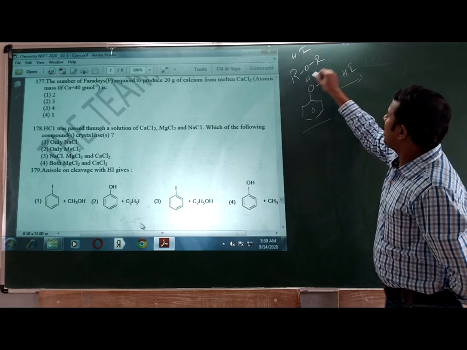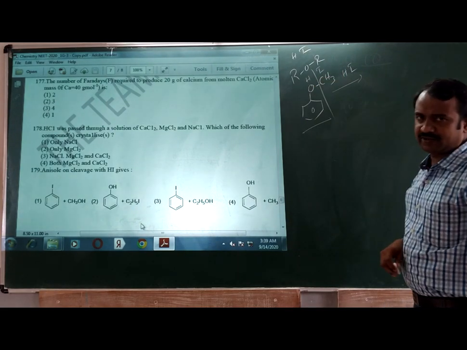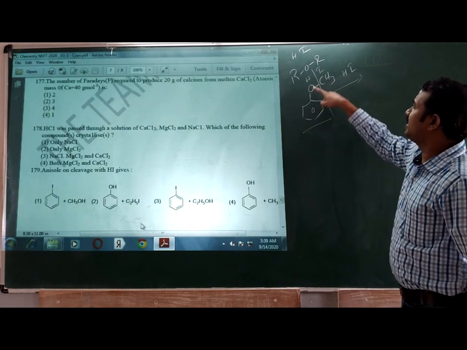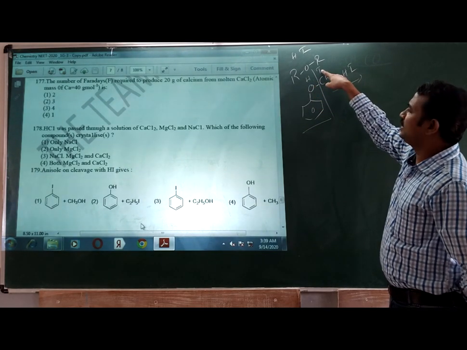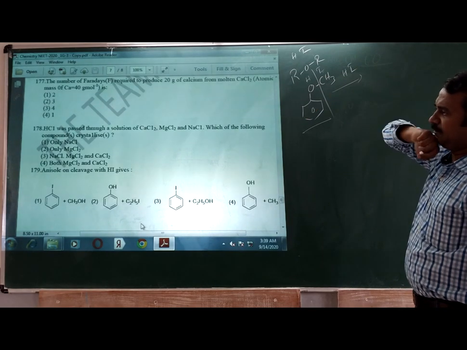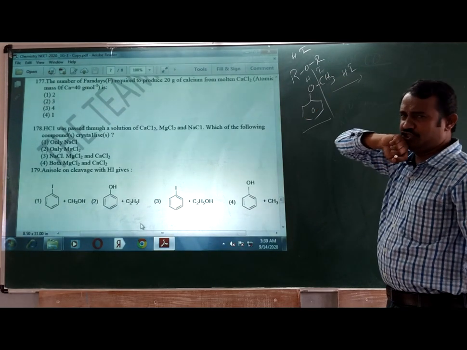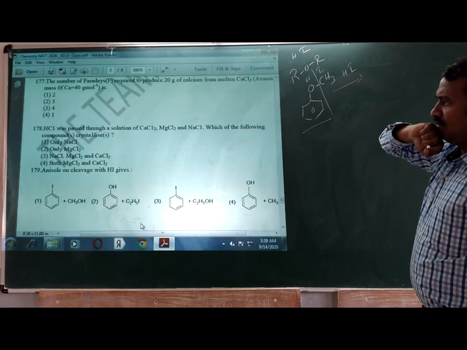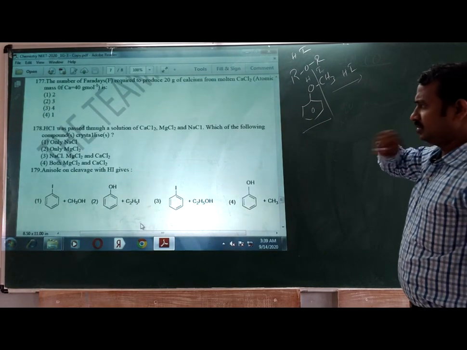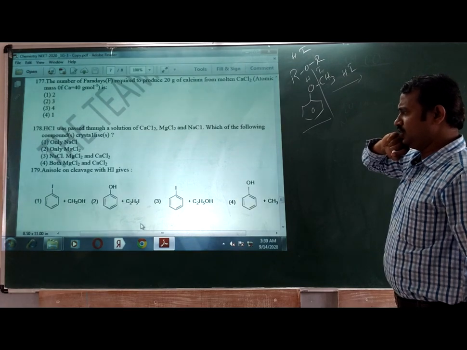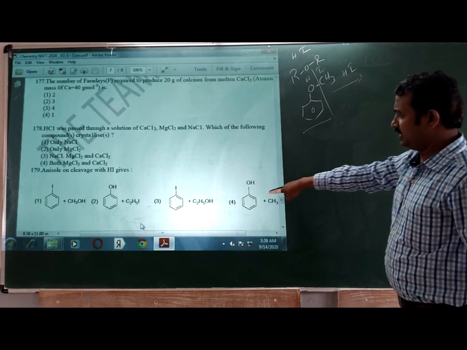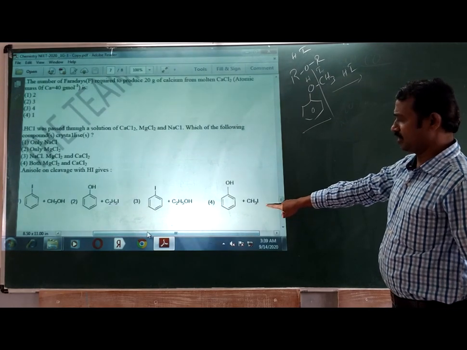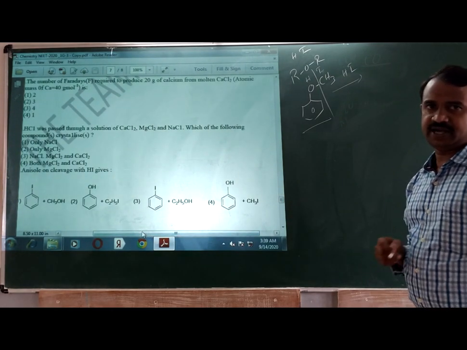The bond is broken here. When anisole reacts with hydroiodic acid, we will get phenol and methyl iodide. The first option is iodobenzene and methanol. The second is phenol and ethyl iodide. The third is iodobenzene and ethanol. The fourth is phenol and methyl iodide. Option 4 is the correct answer.